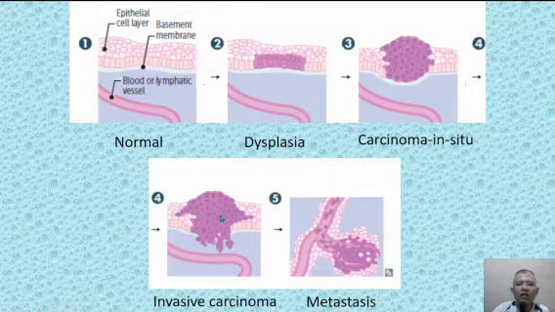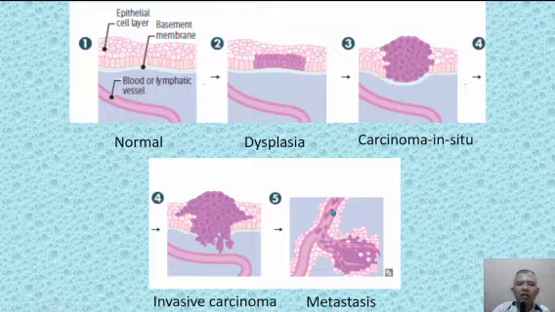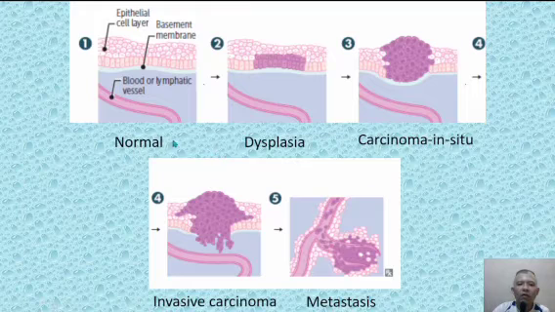When there is already breaching or invasion of the basement membrane, it is what we call carcinoma already. When it already moves out into the bloodstream, either lymphatic or hematogenous, it is already called metastasis.